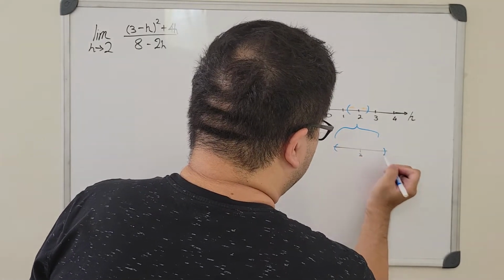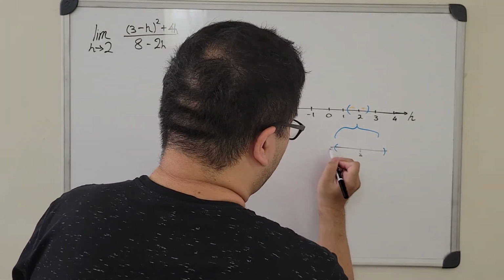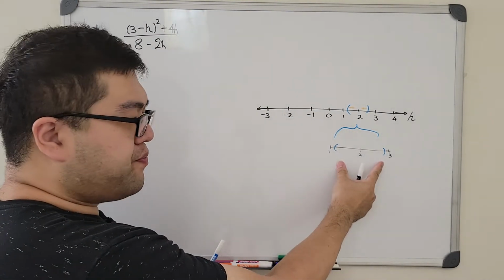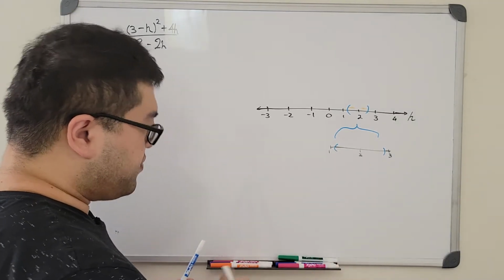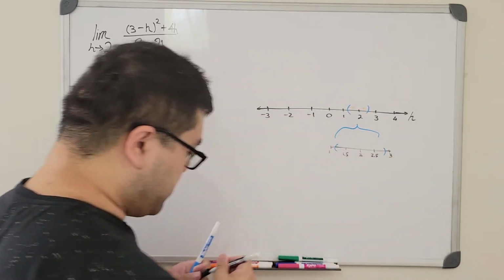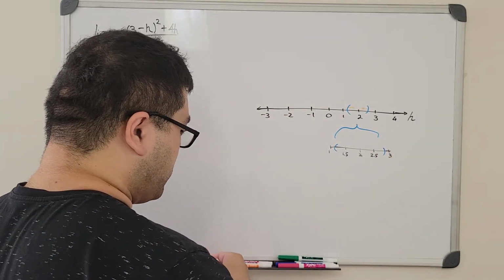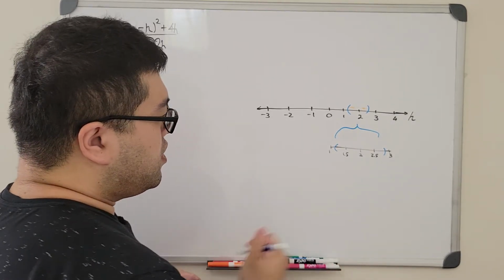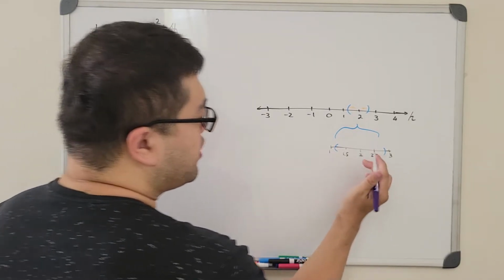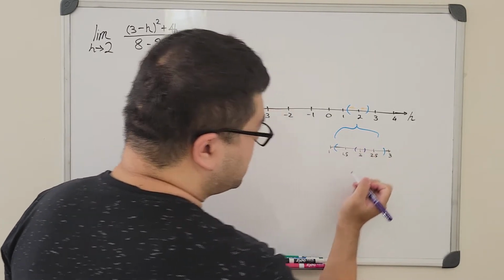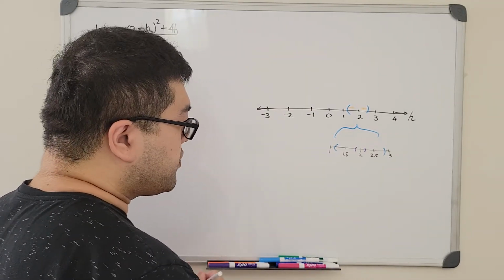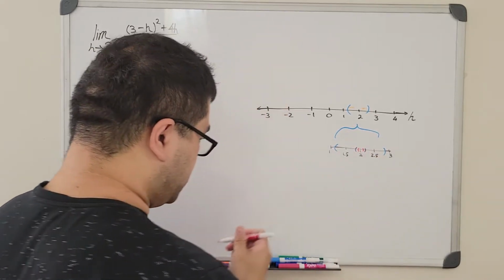How small is the neighborhood? It could be this small, between 1 and 3. Or we can make it smaller. I'm going to use a different color. We can get the neighborhood this small, but we can make it even smaller like this. And we can keep playing the game, making it smaller and smaller.